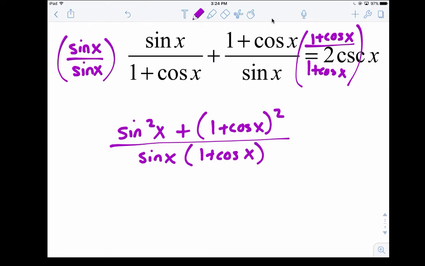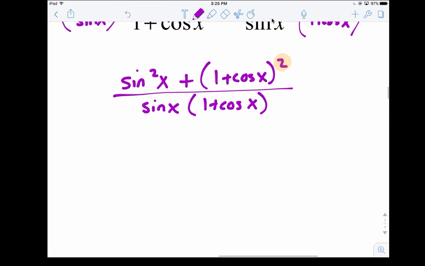Okay, now from there I can't really do anything. I can't really factor anything out. I can't use any identities right now. So really the only option that I have is that this little 2 here, I can multiply those two factors out. Okay, so I'm going to do 1 plus cosine times 1 plus cosine.